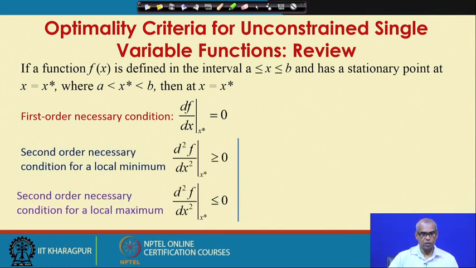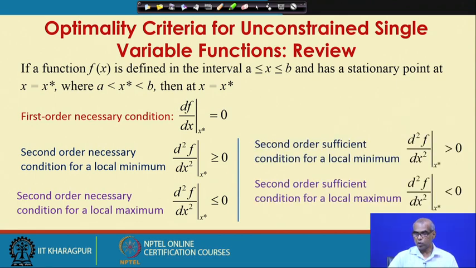The second order necessary condition for a local minimum is the second derivative evaluated at x star is greater or equal to 0. So, d square f/dx square evaluated at x star is greater or equal to 0. The second order necessary condition for a local maximum is d square f/dx square less or equal to 0.